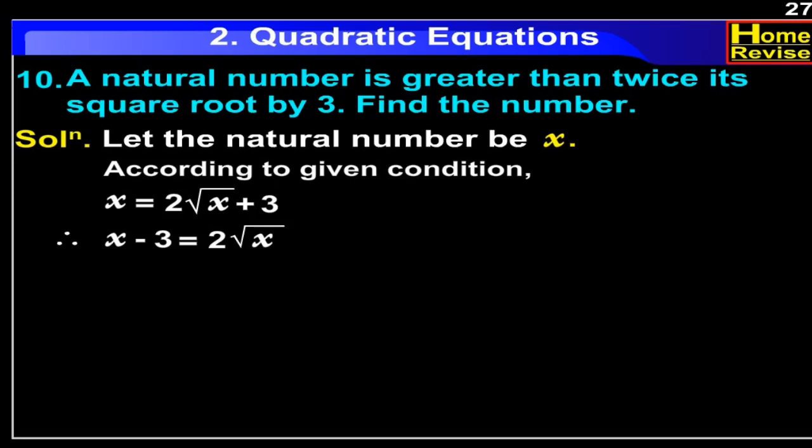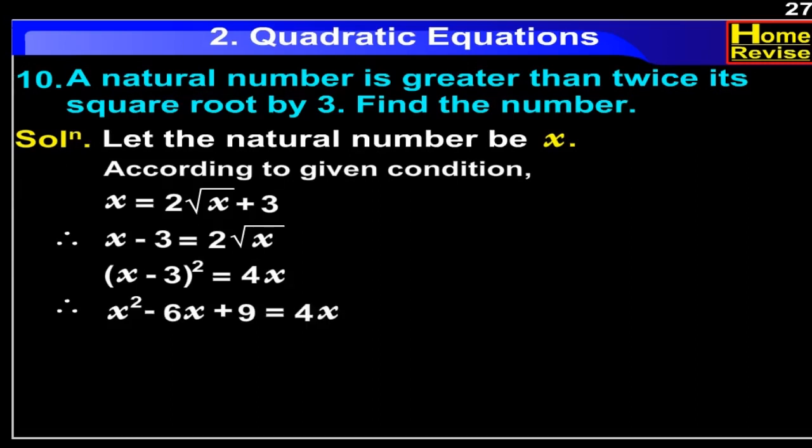Squaring on both the sides, we get (x minus 3) whole square is equal to 4x. Therefore, x square minus 6x plus 9 is equal to 4x. Therefore, x square minus 6x minus 4x plus 9 is equal to 0.